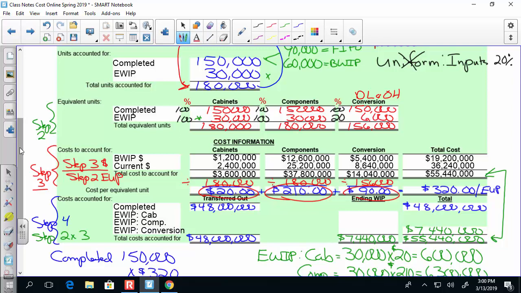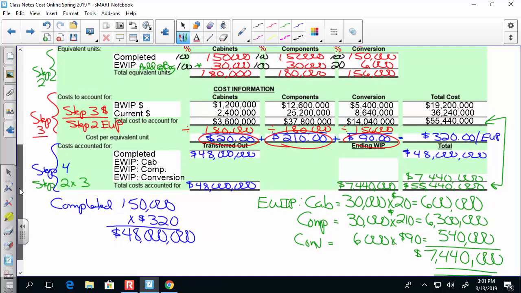And then the ending units for cabinets and components are 100% because they're added at the beginning. Both cabinets and components, those are our materials. And then the shop supervisor says my ending units for conversion are only 20% done for labor, which equates to 6,000 equivalent units. And then the rest is pretty straightforward from there.